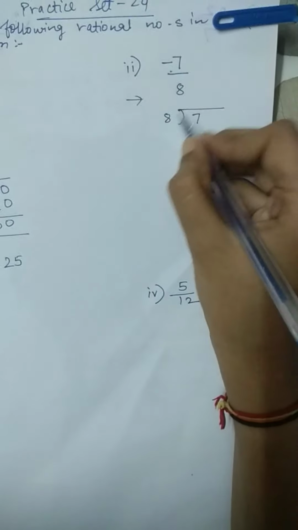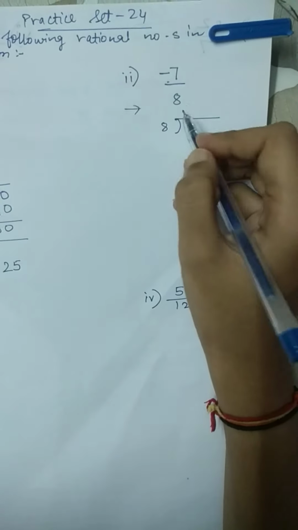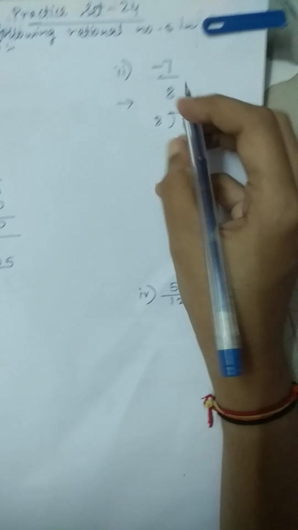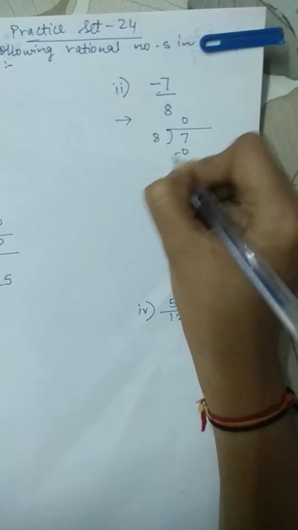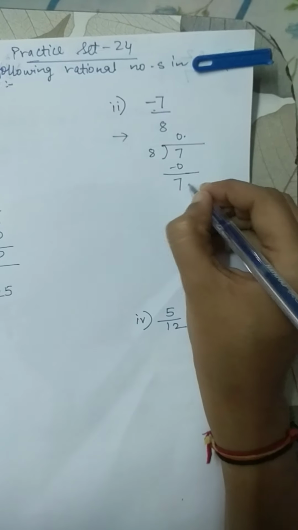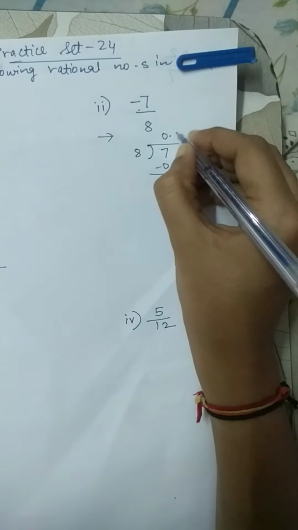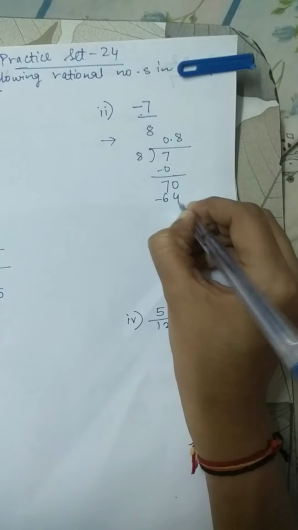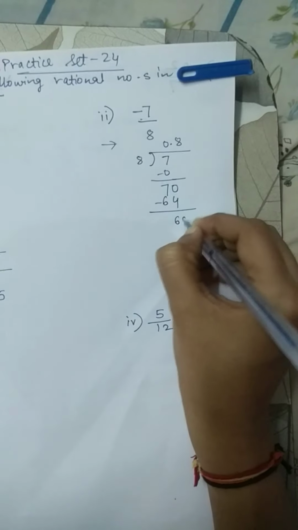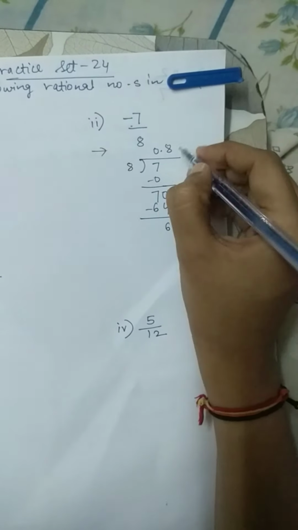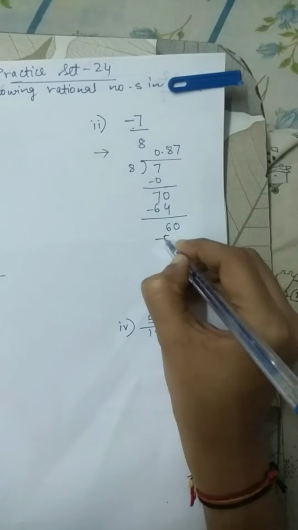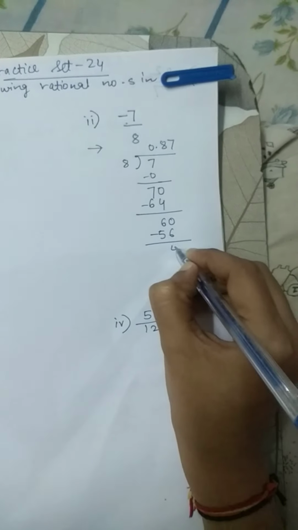So final answer will be negative. So 7 divided by 8. Now 7 doesn't come in 8's table, so 8 zeros are 0. Now we will give a decimal and take 0 over here. So 8 8s are 64. Again we can take 0. So 8 7s are 56.